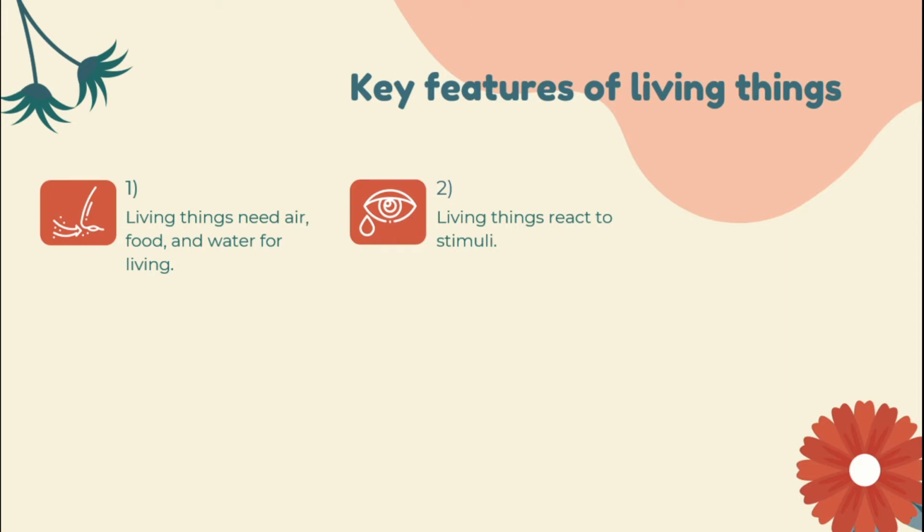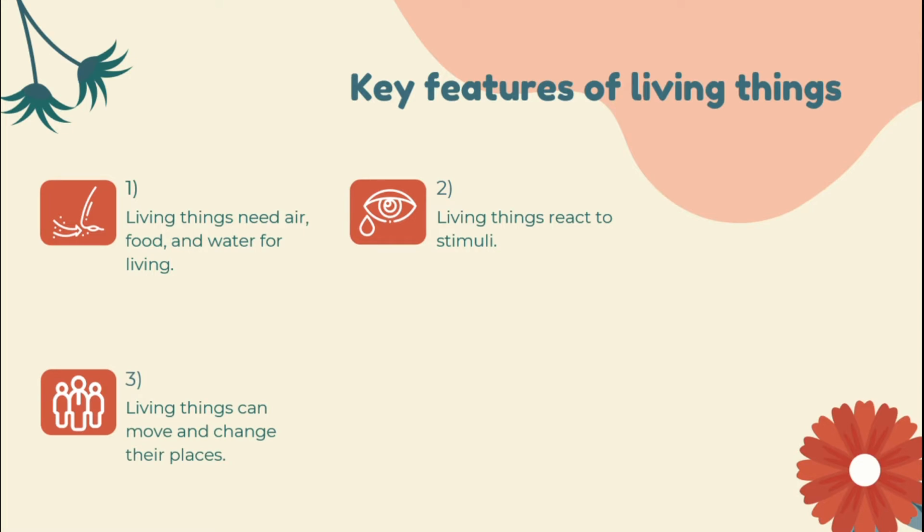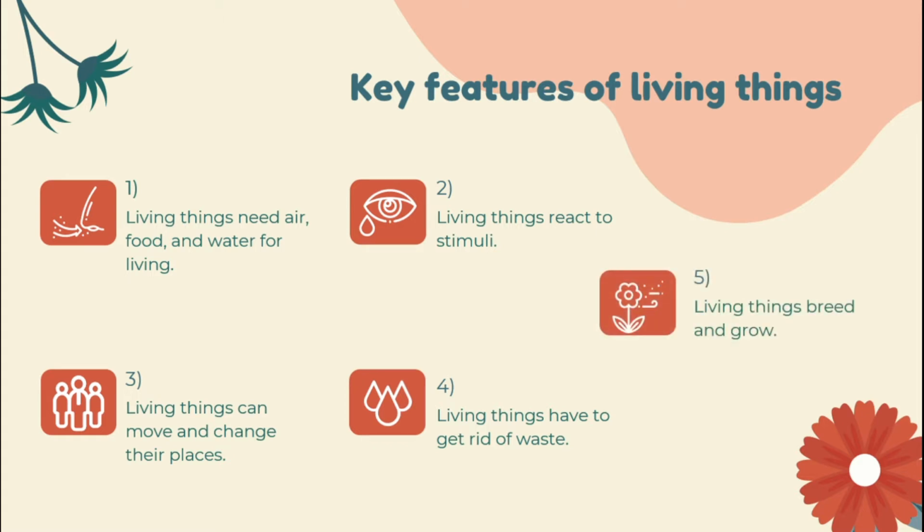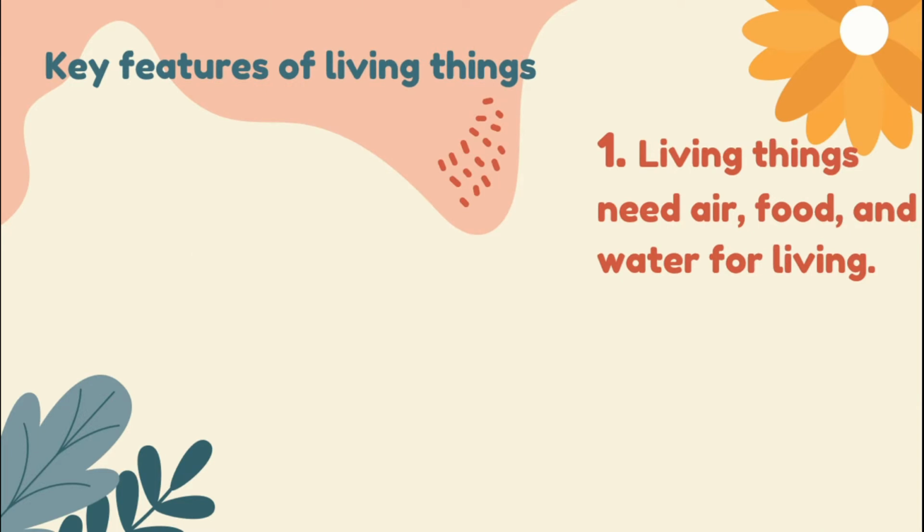Third, living things can move and change their places. Fourth, living things have to get rid of waste. And the last one, the fifth feature of living things, that is living things breed and grow. So let me look into key features one by one.